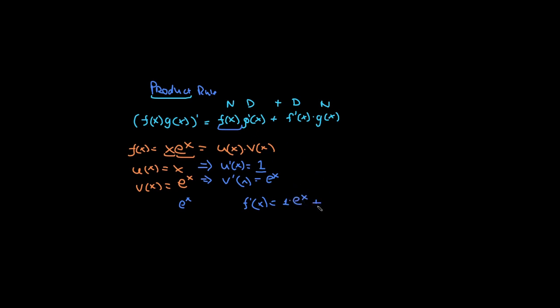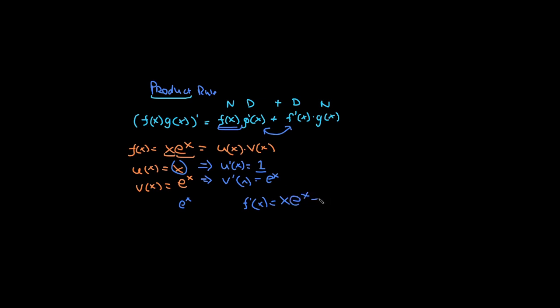Oh, actually, I swapped those the wrong way around. We have to do the normal function first, right? To be honest, when you're adding, it doesn't really matter, but I like to stick by my rule. So we do the first function normal, that's x, times the derivative of the second function, e to the x.